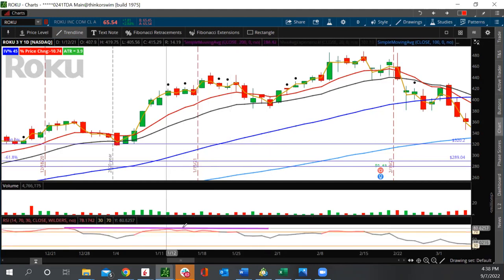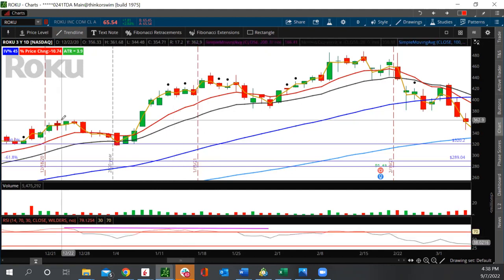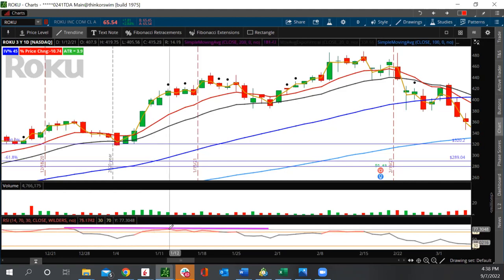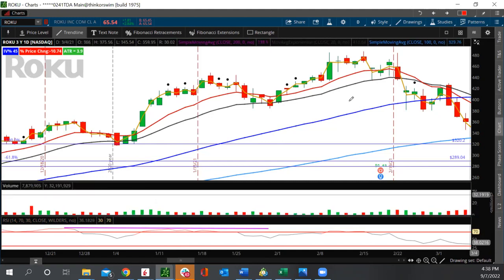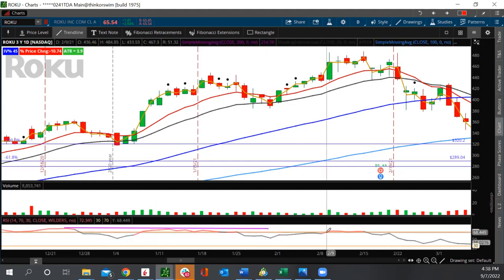Even if it were completely flat, that's a divergence, because price is making higher highs, but the RSI is either even or it's dropped slightly, right? So that is an indication of a divergence.